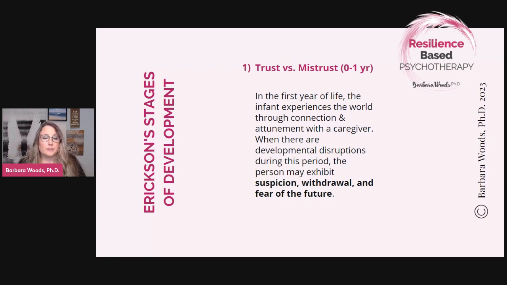But when there are developmental disruptions during this period, the person may, through life, if this isn't addressed, be very suspicious. They don't trust people. The world isn't a good, safe place. There's some withdrawal because they have to self-protect by pulling into themselves. And there's a fear of the future. So there's never forward thinking that's positive. It's always fear and worry and overwhelm.